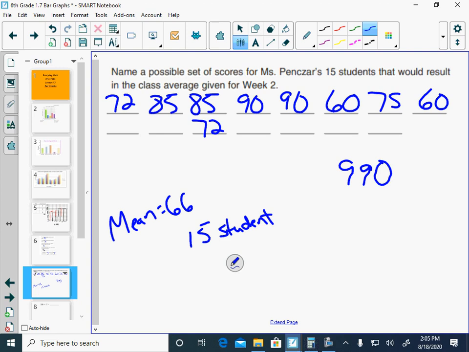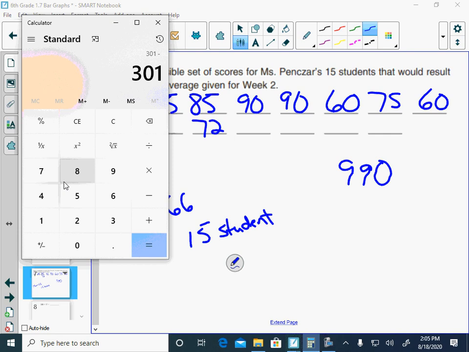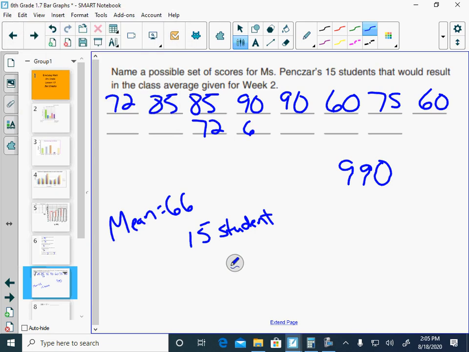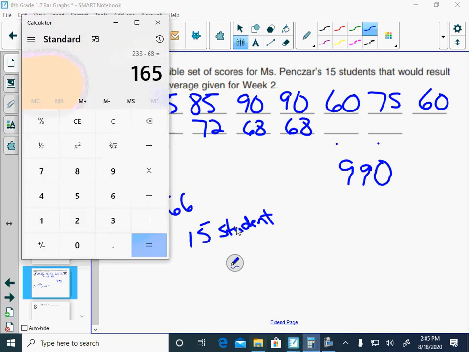Looks like we still have 1, 2, 3, 4, 5, 6 scores. Let's subtract some 68s. 68, 68. We have 1, 2, 3, 4 scores left. Let's subtract. Ooh, now we're getting some low scores. 56.